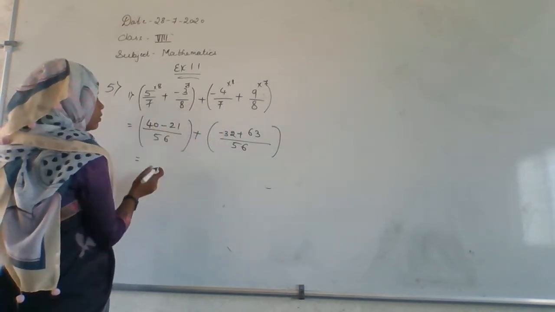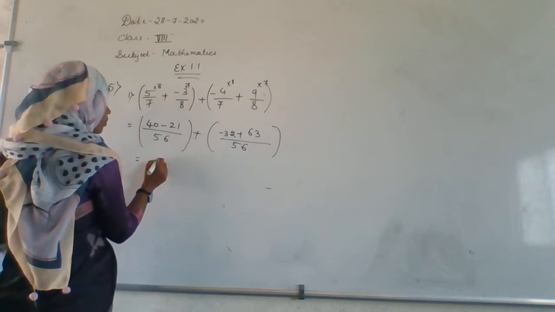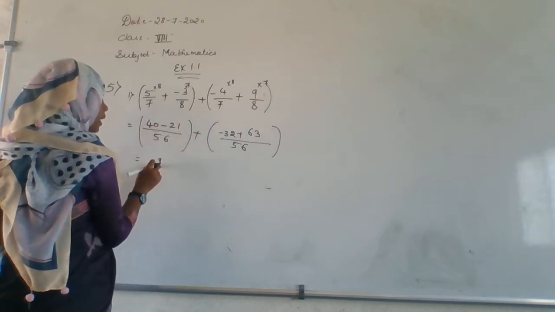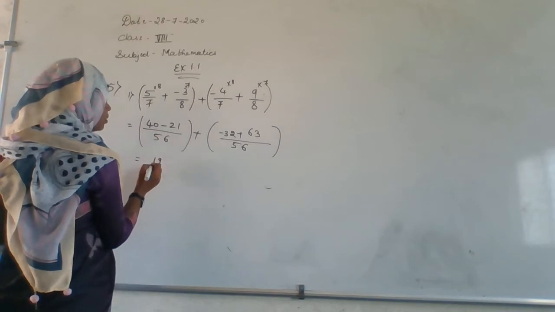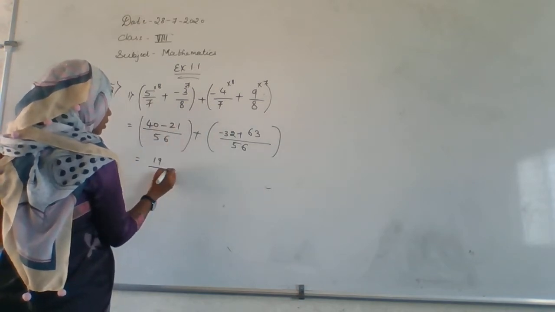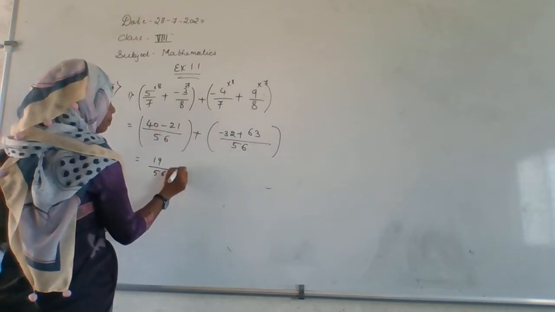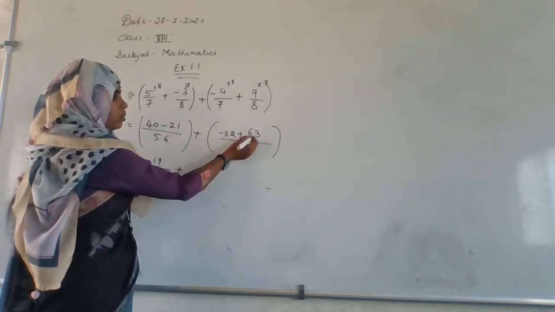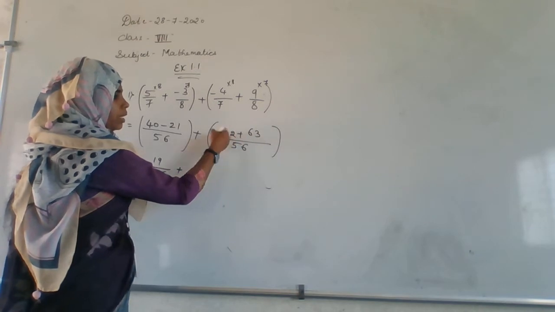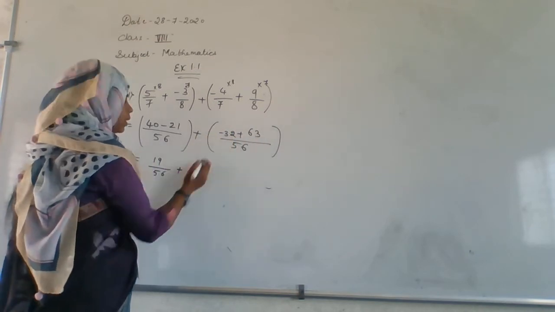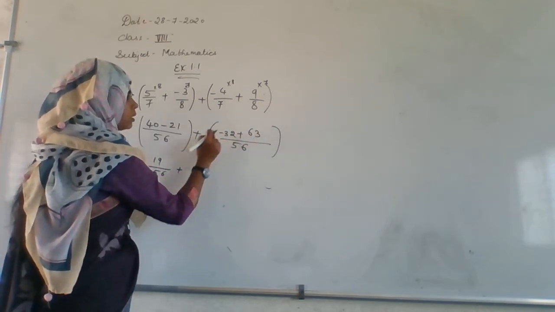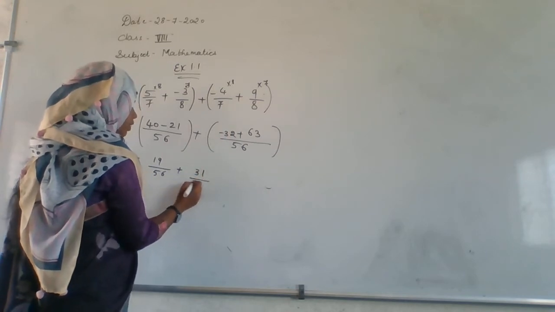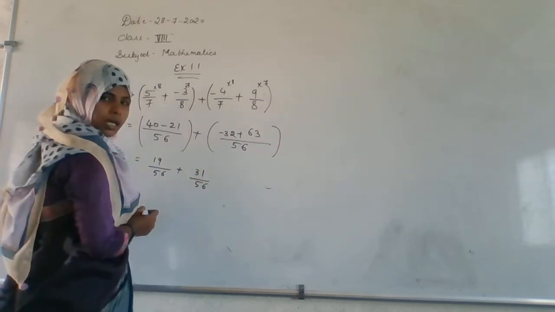Now 40 minus 21: 10 minus 1 is 9 and 4 minus 3 is 1, so it is 19 divided by 56. Plus, here 63 minus 32: 3 minus 2 is 1 and 6 minus 3 is 3, so 31 divided by 56.